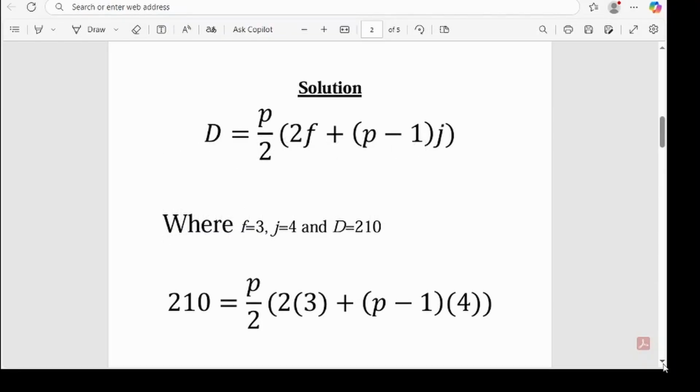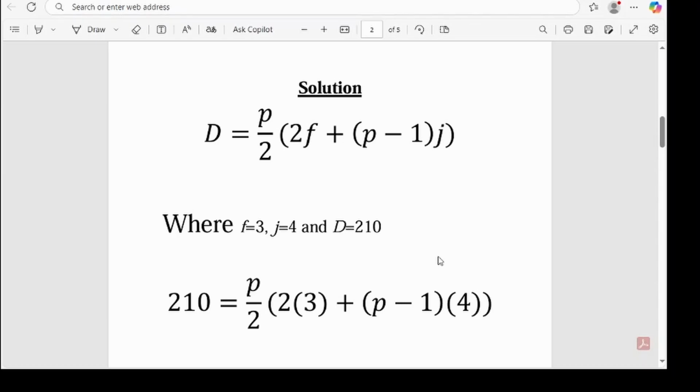The preamble of the question has been given, and the equation states that D equals the fraction p over 2 multiplying, in brackets, 2f plus, in brackets, p minus 1 multiplying j, bracket close, where f equals 3 and j equals 4, and finally d equals 210.